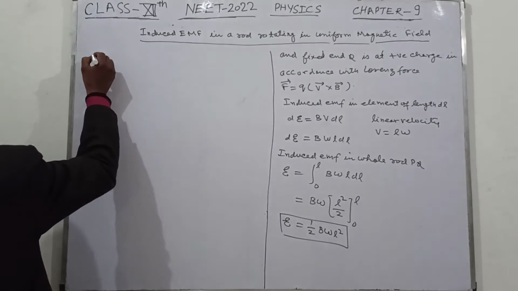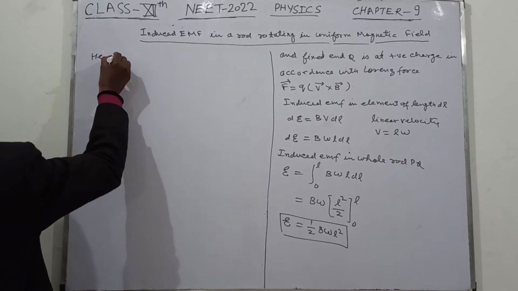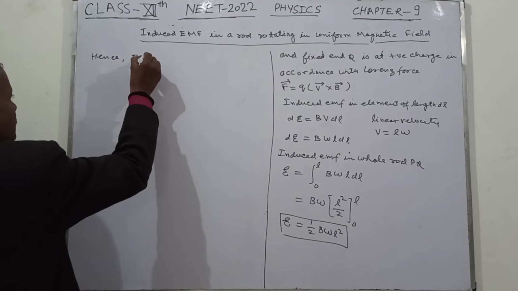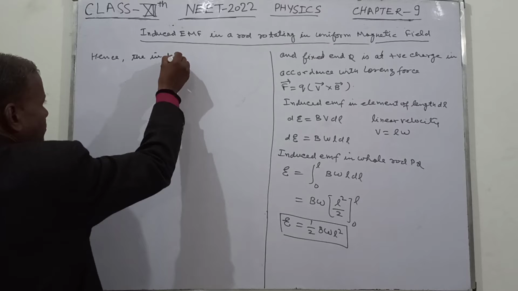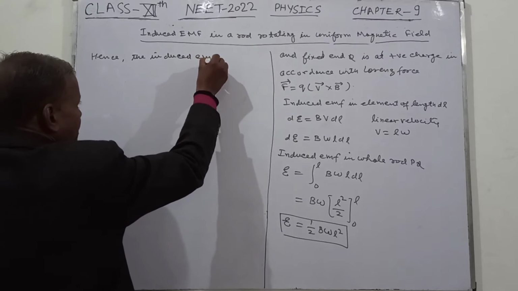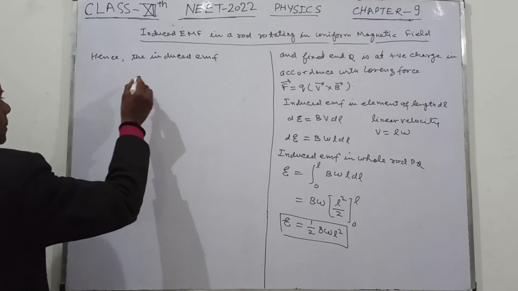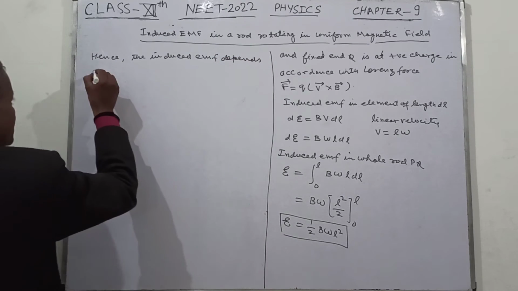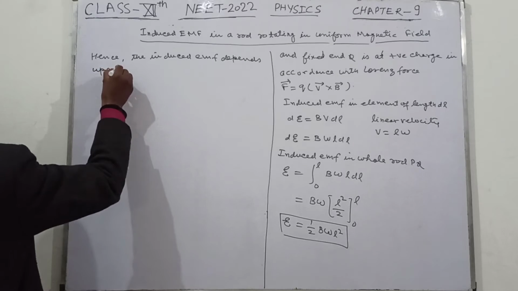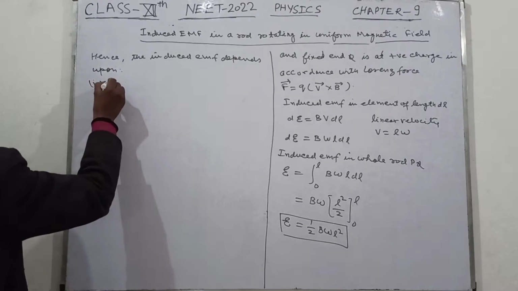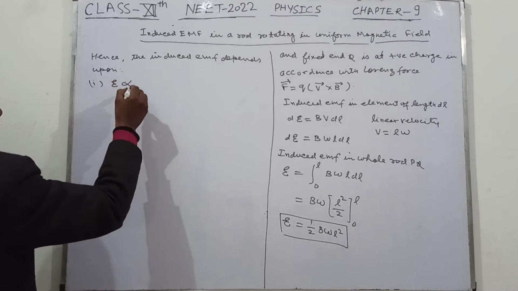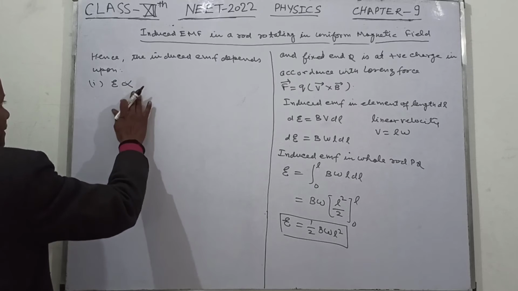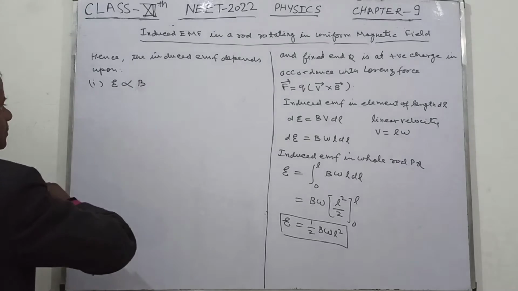The induced EMF depends upon, number one, E is proportional to B, the magnetic field.